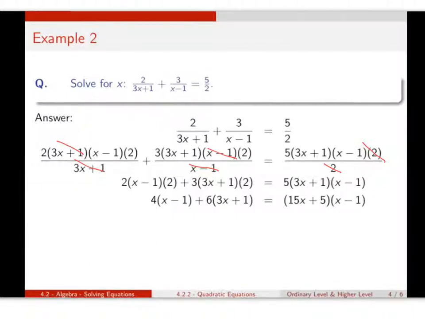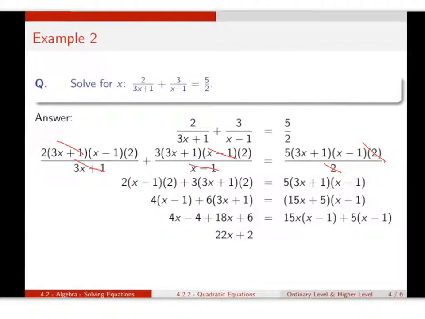And that's all by x minus 1. Now let's multiply out our brackets. 4 times x minus 1 is 4x minus 4. 6 by 3x is 18x, 6 by 1 is 6. On the right we're going to split our bracket, so it's the first term 15x by the right bracket, x minus 1, then plus 5 by the right bracket, x minus 1.